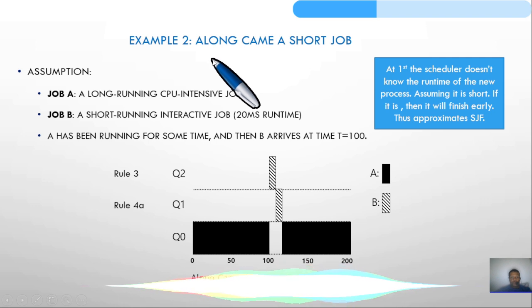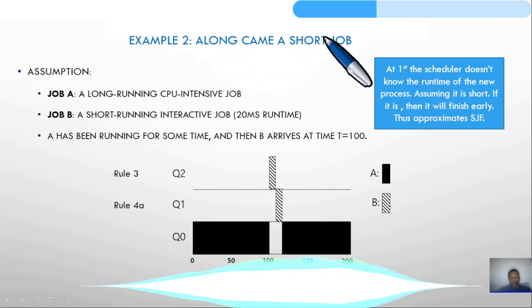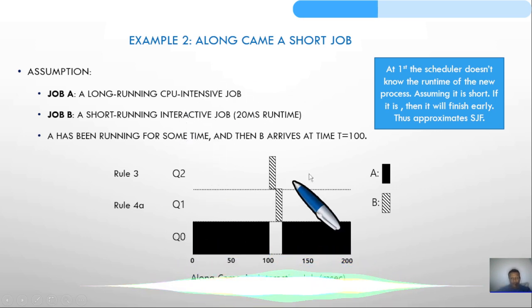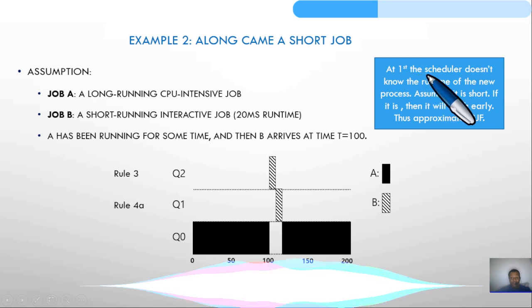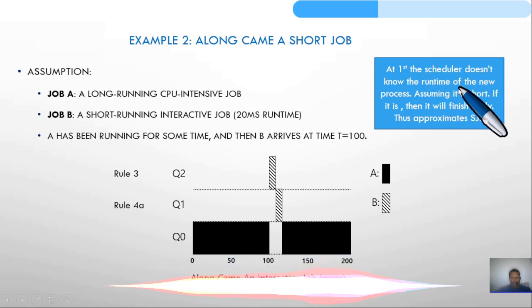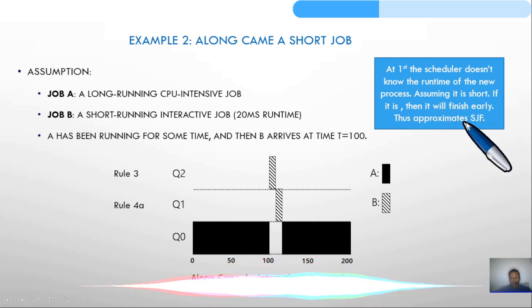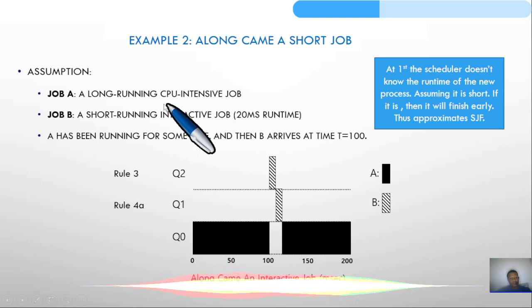Example 2: along came a short job. While a process is running, at first the scheduler doesn't know the runtime of the new process, so it assumes it is short. If it is, then it will finish early. Just approximate shortest job first. What does it mean?